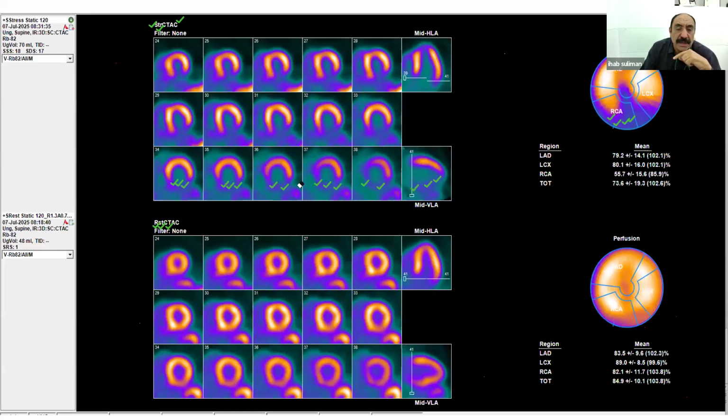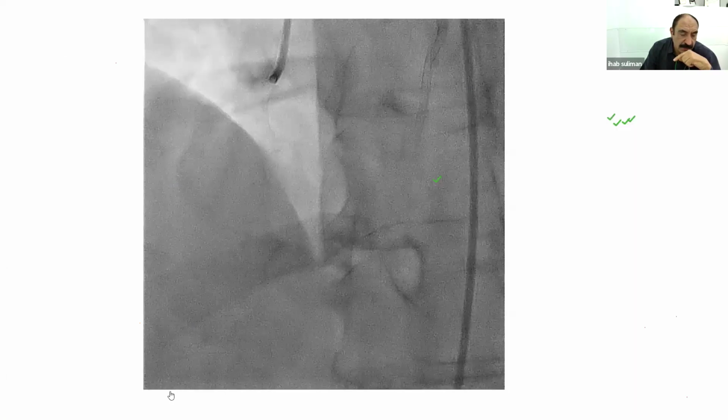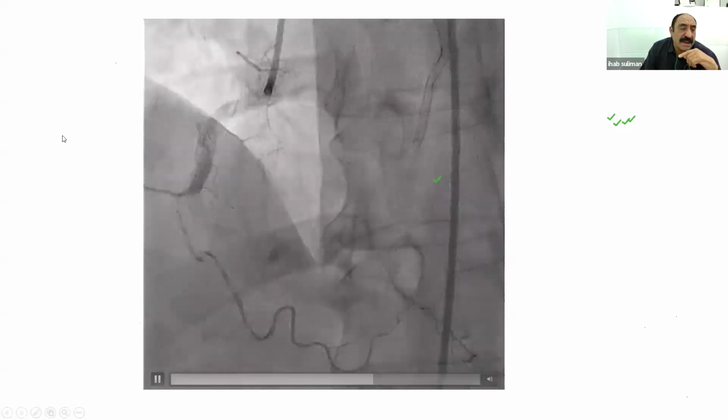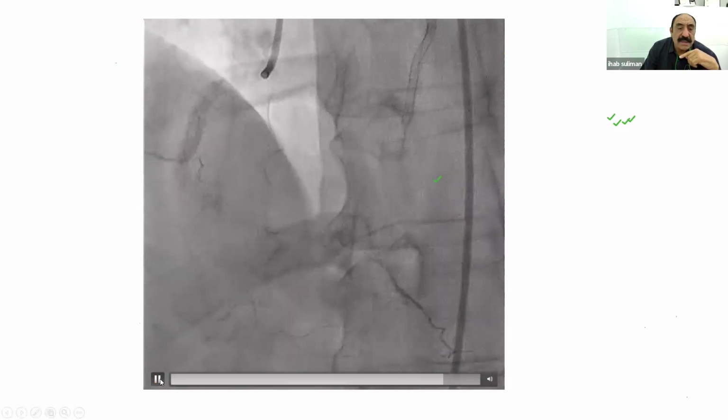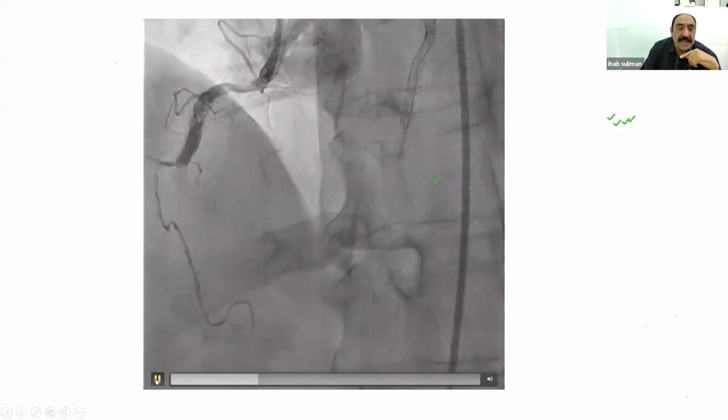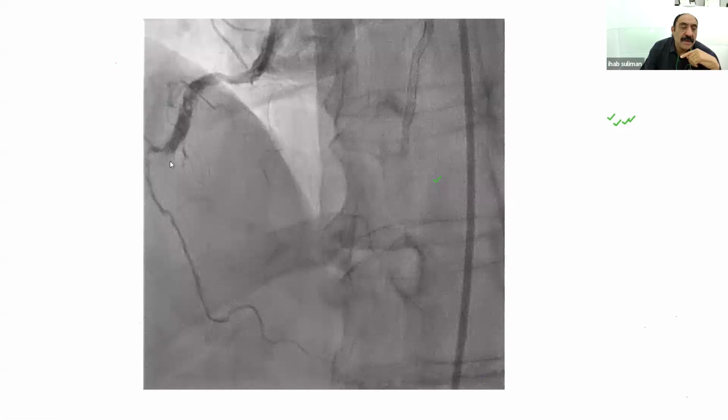So I'm going to take you through the angiogram, which was done today. And I am going to play the angiogram. So in the angiogram, you can see that the right coronary artery is occluded, and that is the cause of the ischemia of the inferior wall.